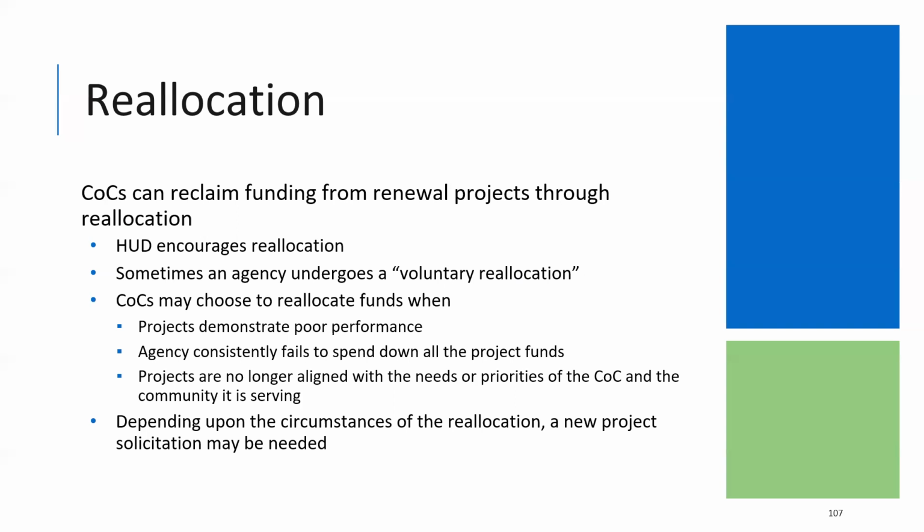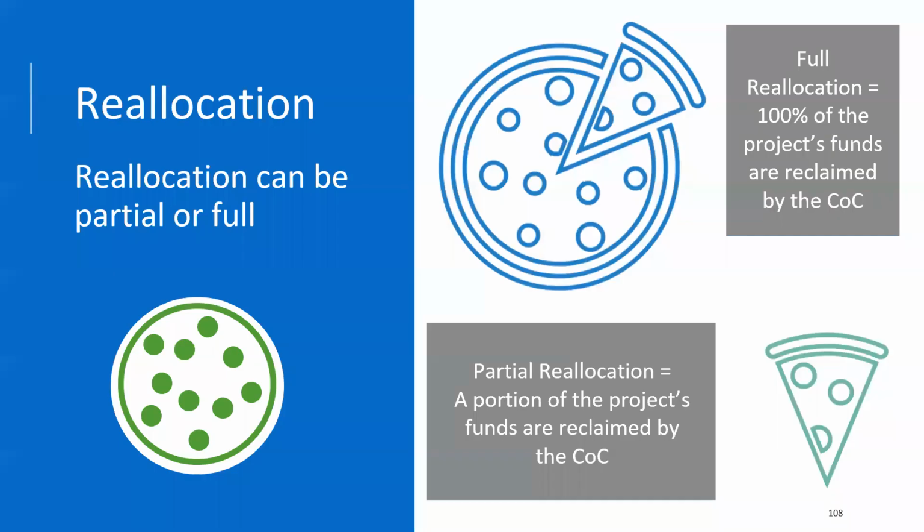And then sometimes projects are no longer aligned with the needs or priorities of the CoC. So depending upon the circumstances of the reallocation, the CoC may submit a new project solicitation for folks to come in for that funding. Again, reallocation can be partial or full. Full reallocation is where 100% of the project's funds are reclaimed by the CoC, and a partial would be only a portion of the project's funds are reclaimed by the CoC.